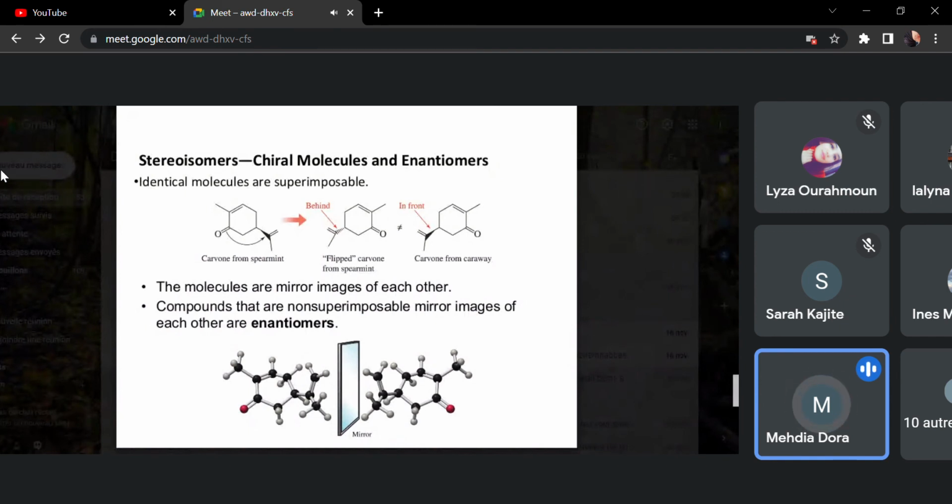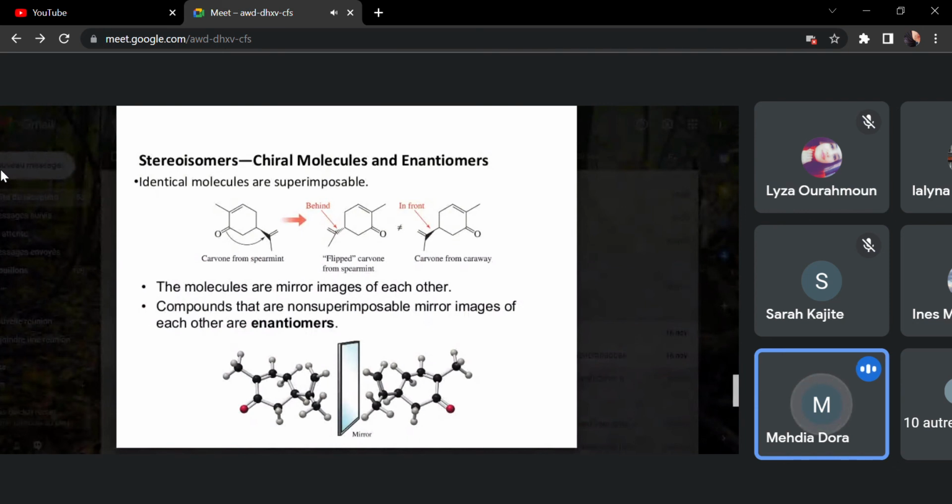We have here another organic compound. It's about carvone. Do you know what carvone means? It's the smell of caraway. Do you know what caraway means? It's like Arabic, karwiya.